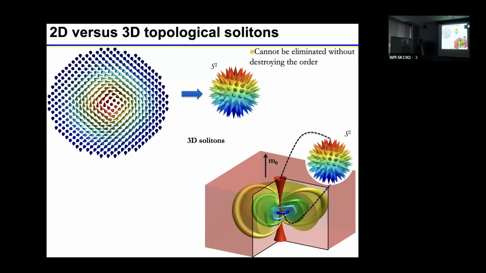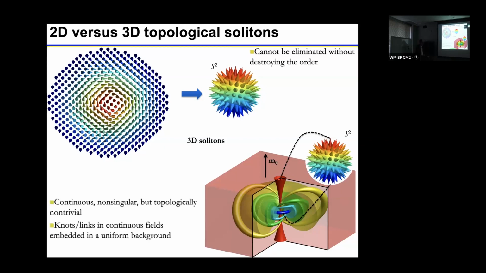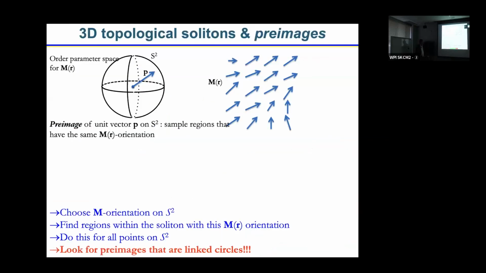For any two points on the S2 sphere, these closed loops are linked with each other. That linking number is the topological invariant, which is the integer corresponding to the elements of the homotopy group Pi3(S2). So in order to identify if one has a Hopf fibration, we need to construct the pre-images.